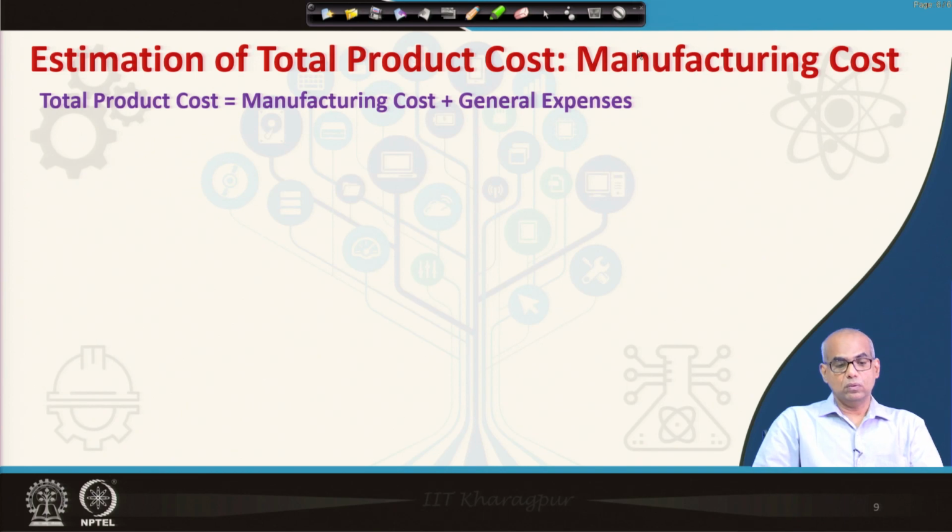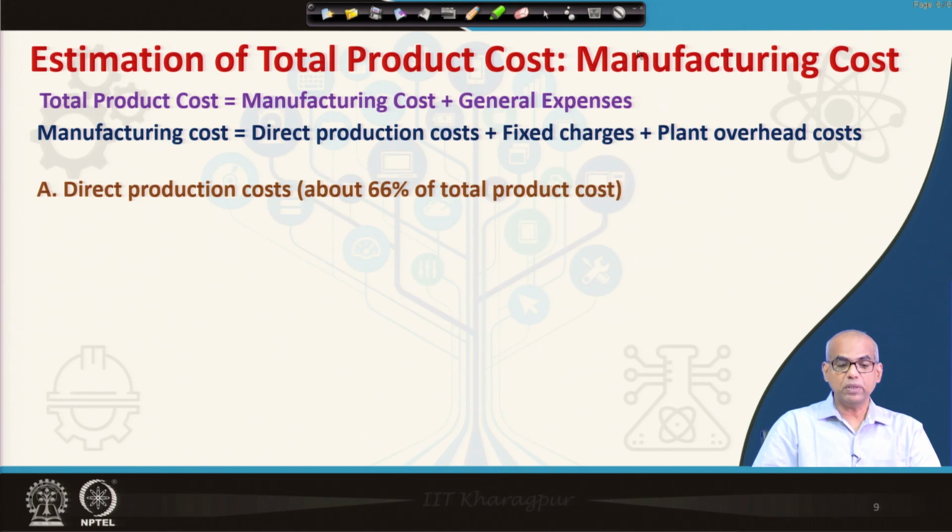Now, the total product cost, as we have seen in previous slides, is the sum of manufacturing cost and general expenses. So, total product cost is equal to manufacturing cost plus general expenses. Manufacturing cost is the sum of direct production cost, fixed charges and plant overhead cost.